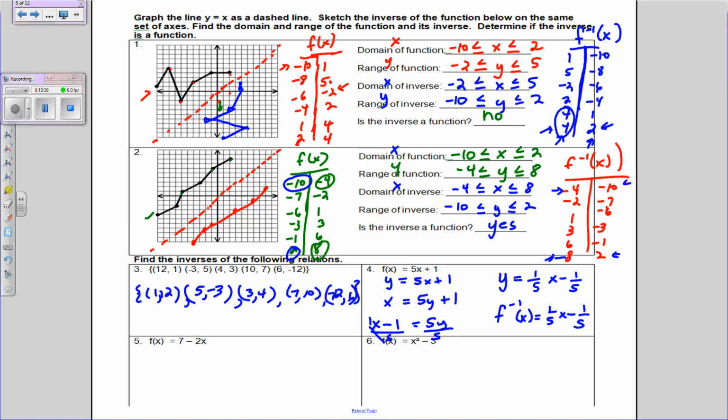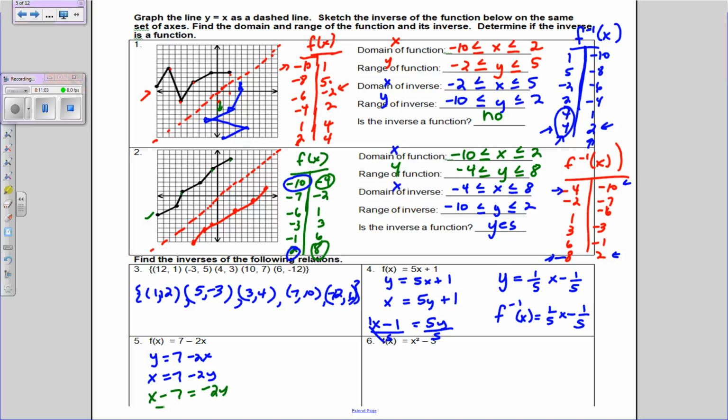For number 5, we will change it to y equals 7 minus 2x. And then we're going to switch x and y. X equals 7 minus 2y. And the 7's in the front. That's okay. We're going to subtract 7 to get it on the x side. So we'll have x minus 7 equals negative 2y.